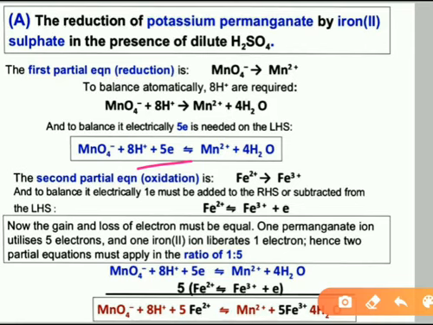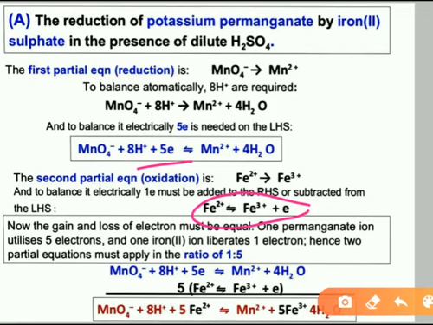To balance this partial equation, where Fe2 plus becomes Fe3 plus, it has to lose one electron, so we have given the loss of one electron in this equation.